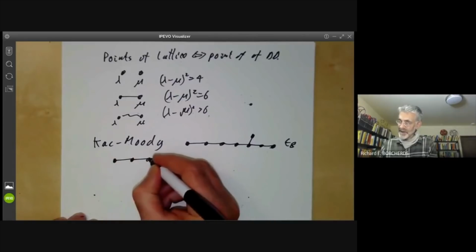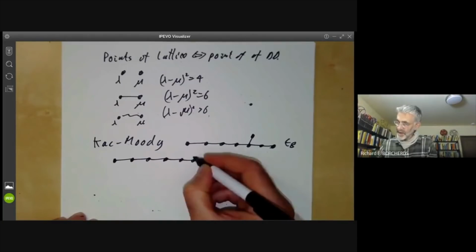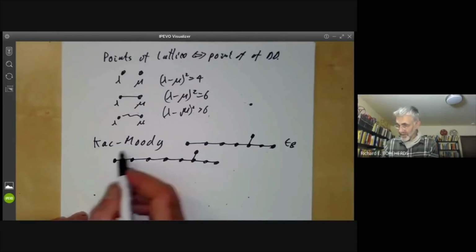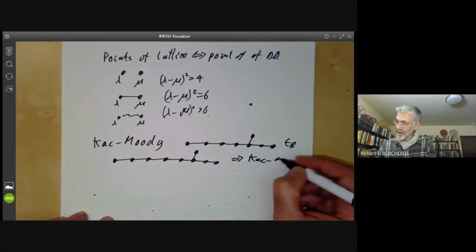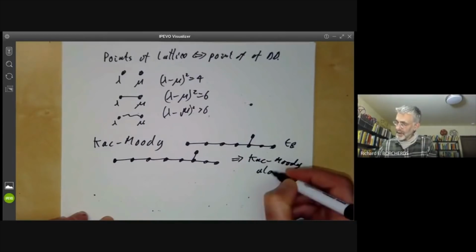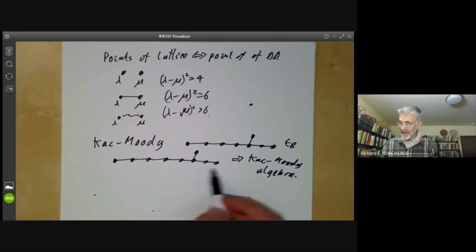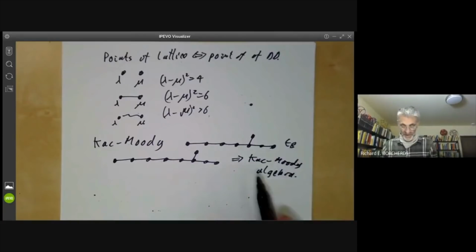For instance, you could take this one, 1, 2, 3, 4, 5, 6, 7, 8, 9. If you write down the Serre relations for this, this doesn't give you a finite dimensional Lie algebra, but it gives you a Kac-Moody algebra. The name came later. This is actually the Dynkin diagram of the so-called affine E8 Lie algebra, which is more or less E8 over a ring of Laurent polynomials, give or take a central extension.